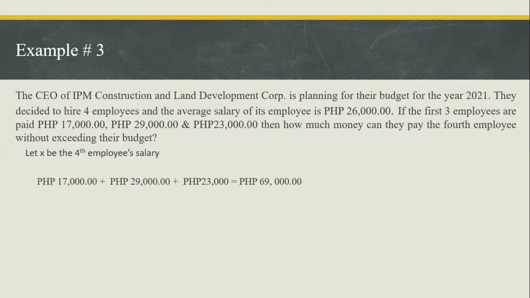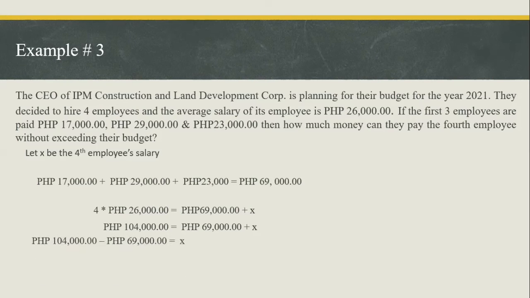So 4 times 26,000 equals 69,000 pesos plus x. 4 times 26,000 is 104,000 pesos, equals 69,000 pesos plus x. We combine like terms. So 104,000 pesos minus 69,000 pesos equals x. So x equals 35,000 pesos.